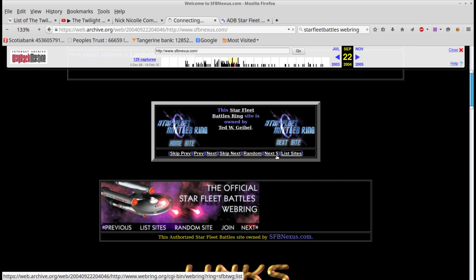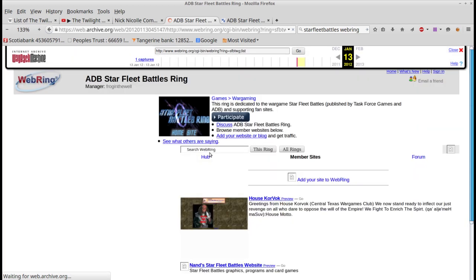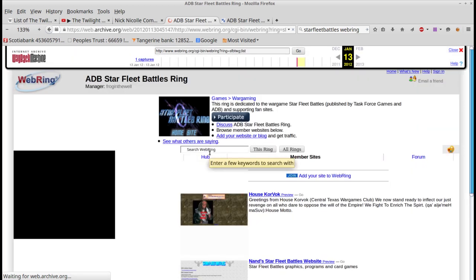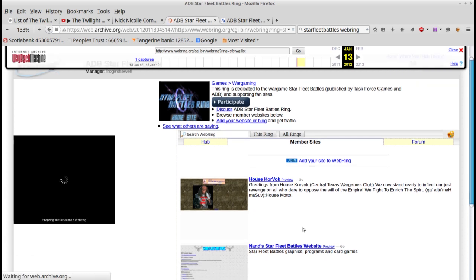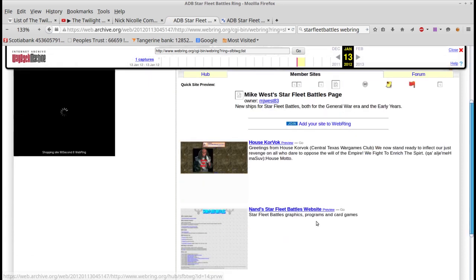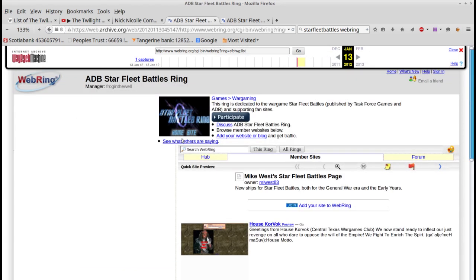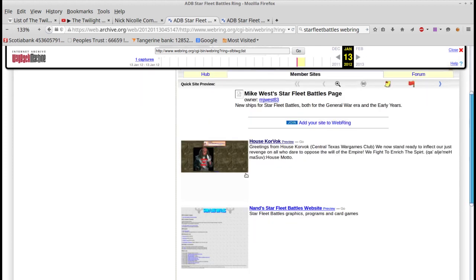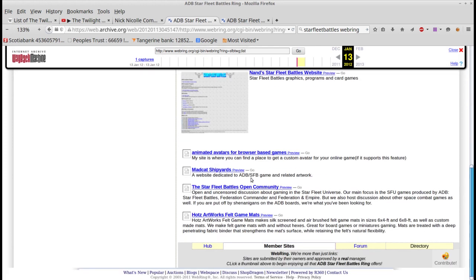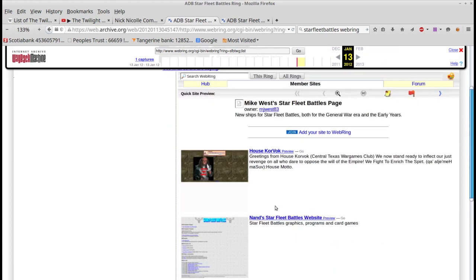So if we click on List Sites, we get a similar page listing to the current one. So as I was saying, we had a success here, and it's listing more options than what was on the current site. So it had some of the older websites listed.